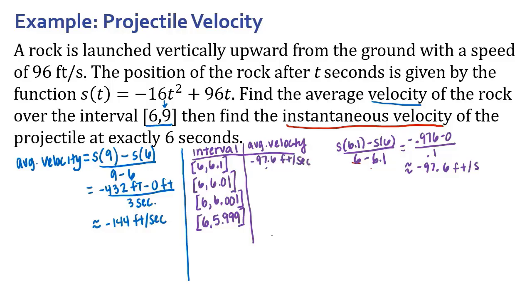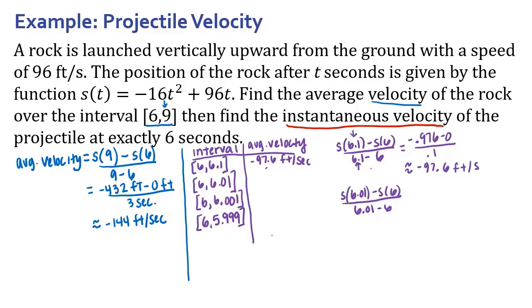Okay, now let's look at what happens between 6 and 6.01. So s of 6.01 minus s of 6 all over 6.01 minus 6. I'm sorry, this up here should have been 6.1 minus 6. I flip-flopped those around. So again, it's always the change in y over the change in x. So we need to make sure if I'm doing 6.1 first up on top, I need to do the same thing on bottom.